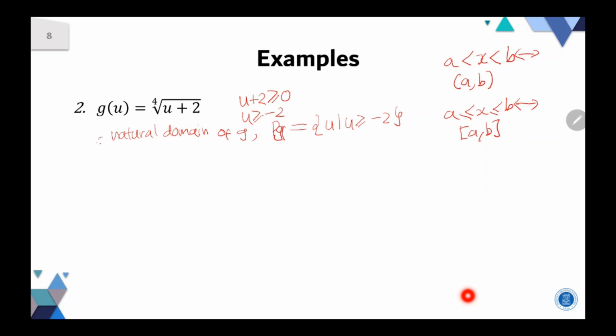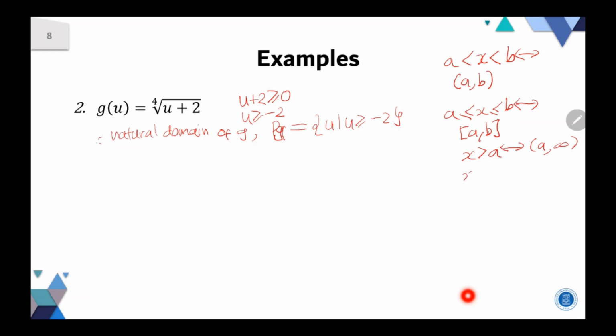What about if we only have x greater than a? Okay, so we have from a, but because it's greater than a, it is up to infinity. So we can write it like that.